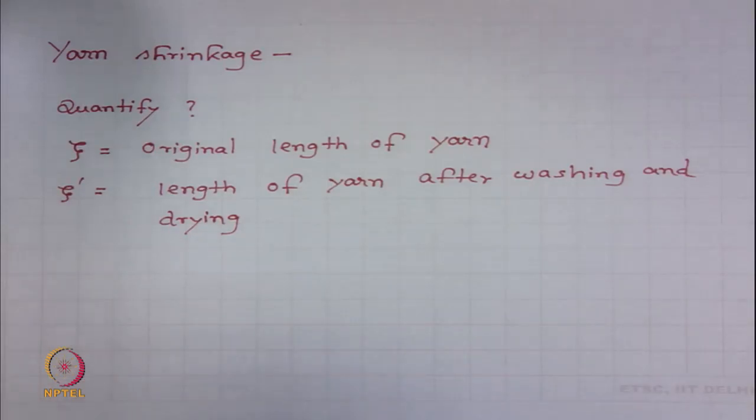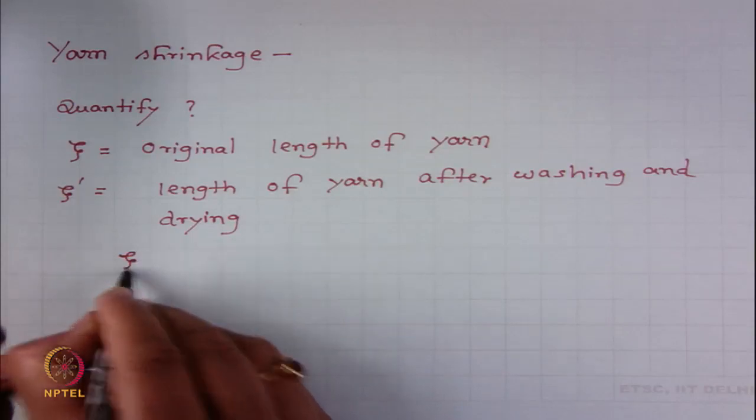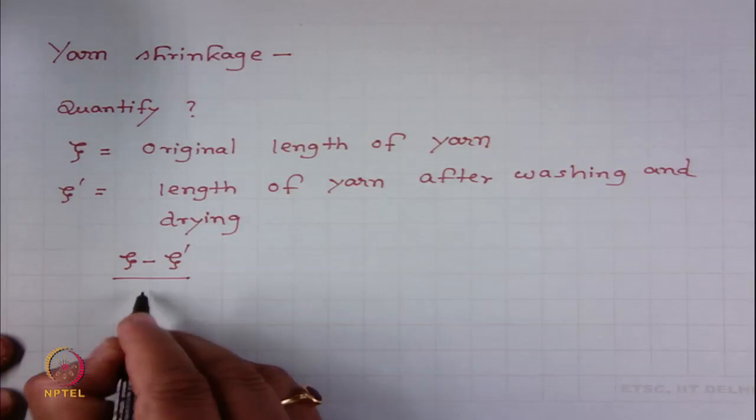So, what is the change of length? Zeta minus zeta prime is the change of length, divided by original length.